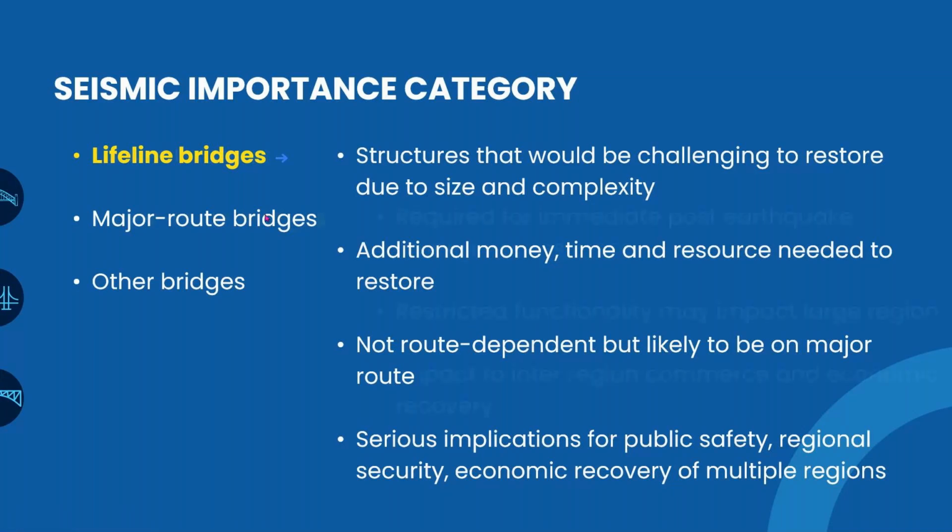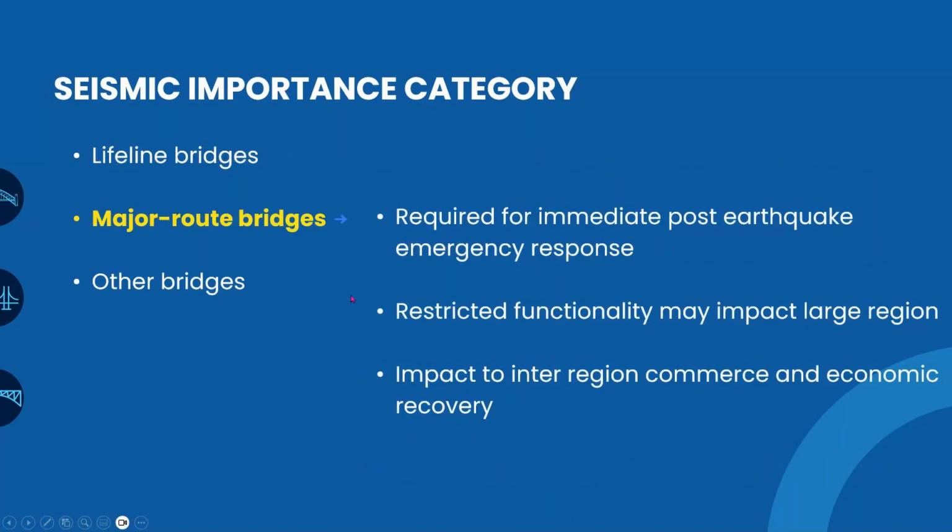Then we have the major route bridges. So the major route bridges, we require that these are active under the post-earthquake scenarios for the emergency responses, and the impact of this particular bridge damage will be on the entire region, the commerce and economic recovery being compromised.